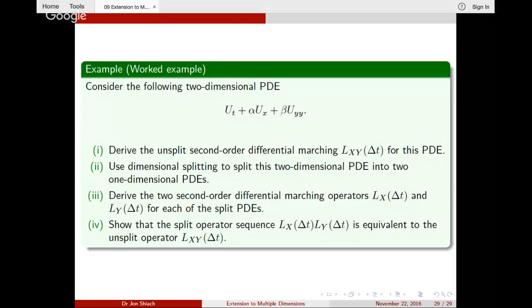Okay, so we've also got to do the same for equation 2.